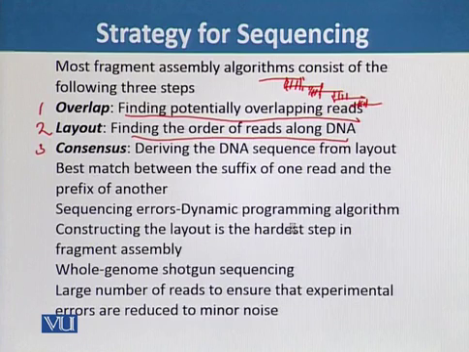So finding the longest suffix of one string that exactly matches the prefix of another string is basically the theme of this sequencing strategy. However, sequencing errors force scientists to use a variant of the dynamic programming algorithm for sequence alignment.